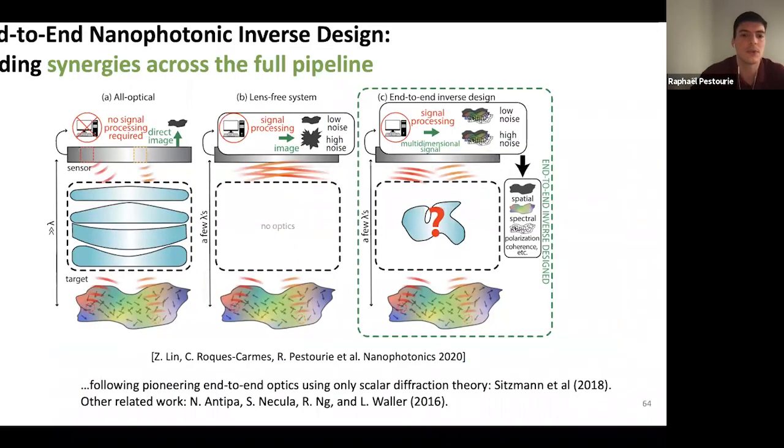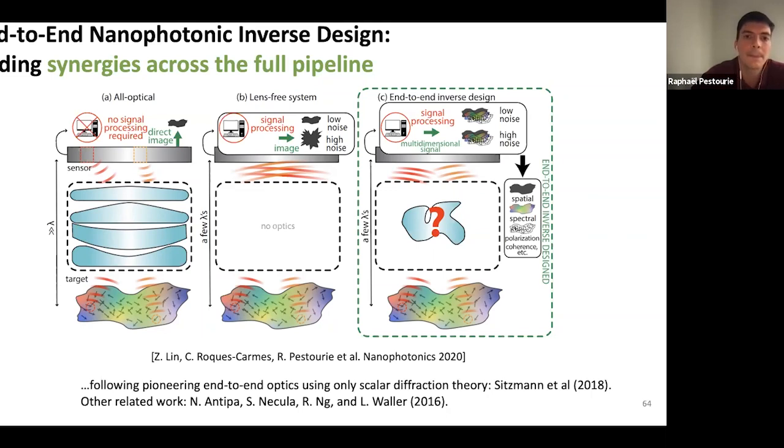And why is it useful? Well, it can save you a lot of money in the end. If you want to do, for example, some imaging using an all-optical system, then you need to have a very good optical system, because you don't have much post-processing. You just have the detector. And that's costly, to have something well aligned and well made.